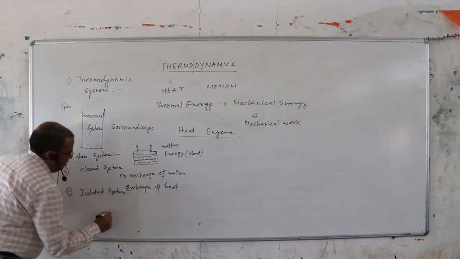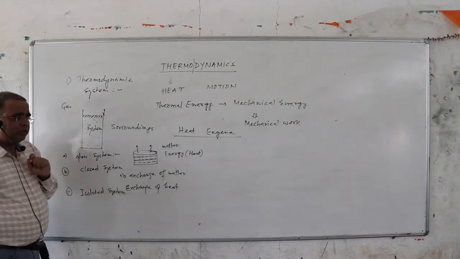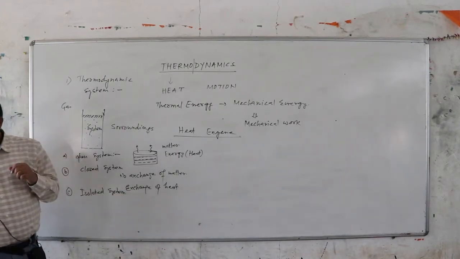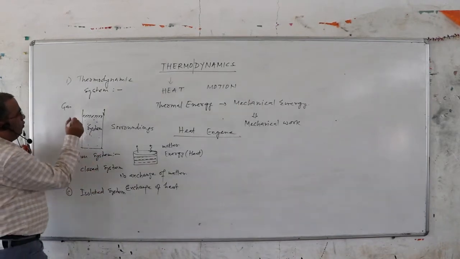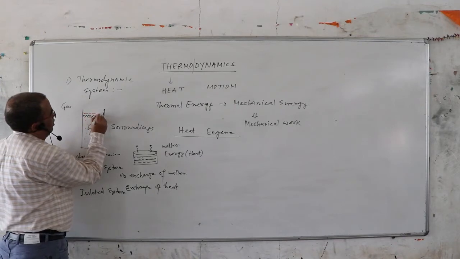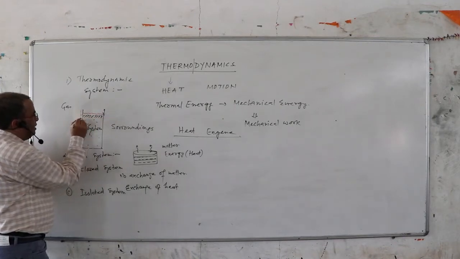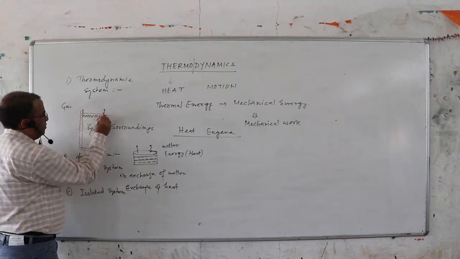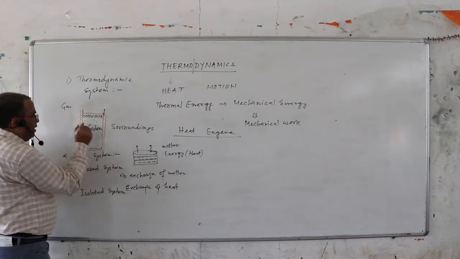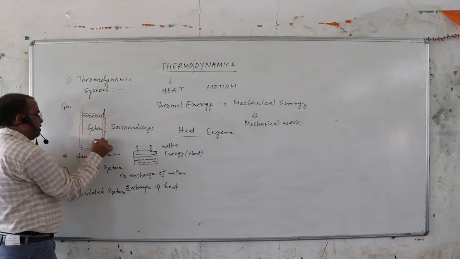Isolated system. Let us see, to get an isolated system, we can make some basic changes in this system. If I cover the whole container, even the piston, like this, by an insulating material.